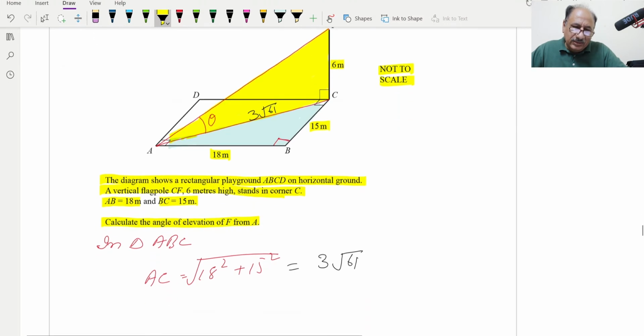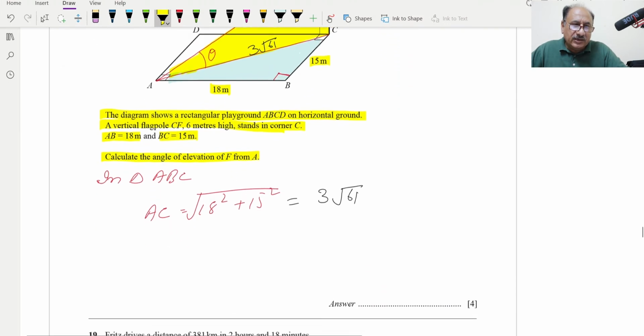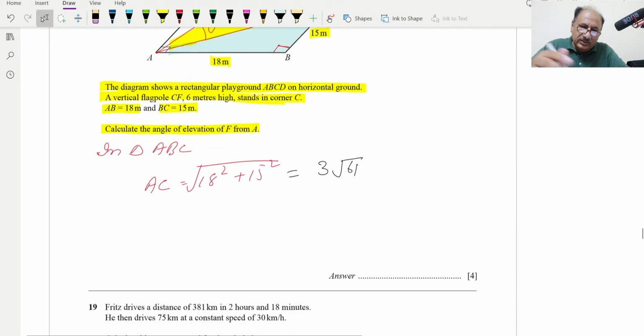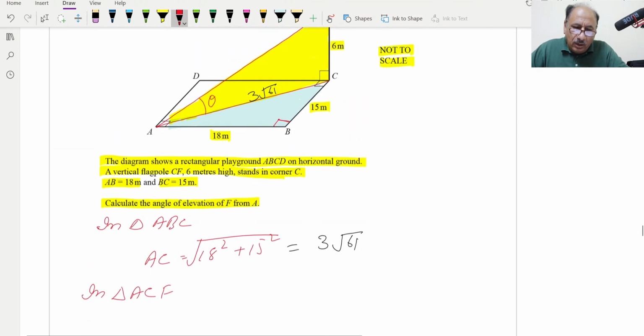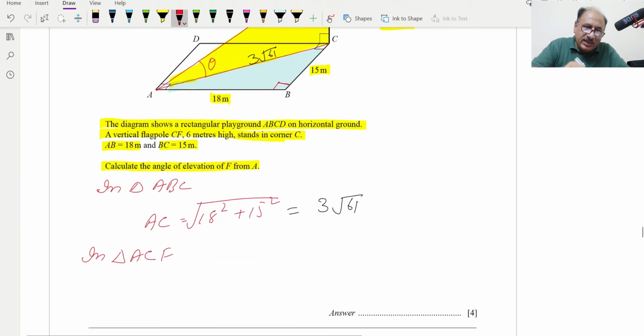So in triangle ACF, opposite over adjacent is tan theta.